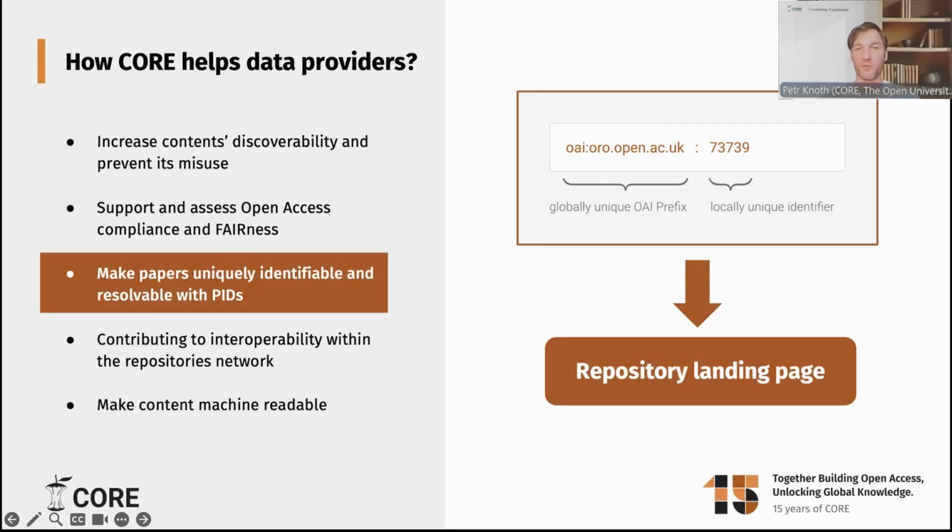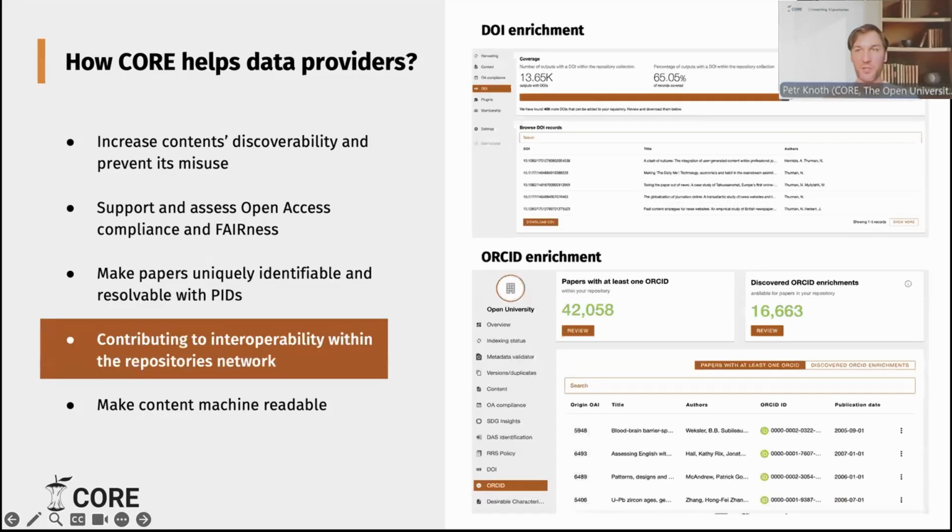OAI identifiers are already minted by all repositories, and they are uniquely available. What we do is provide a completely free resolver for these OAI identifiers, which means we have an identifier that can be linked directly to the resource and to the splash page inside the repository. It comes completely for free. If you're interested in that, you can also contact me later.